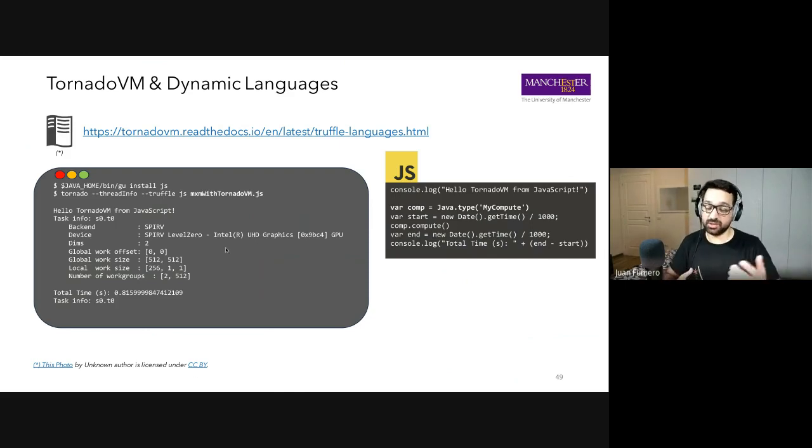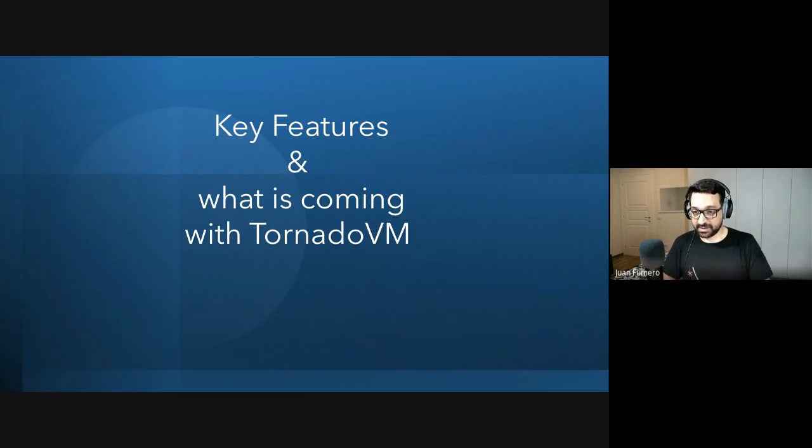You can even run on Node.js, for example. We have demos online that you can watch about running Node.js on a server and giving the client the output of a computation that was done on a GPU, for example. That's really cool.